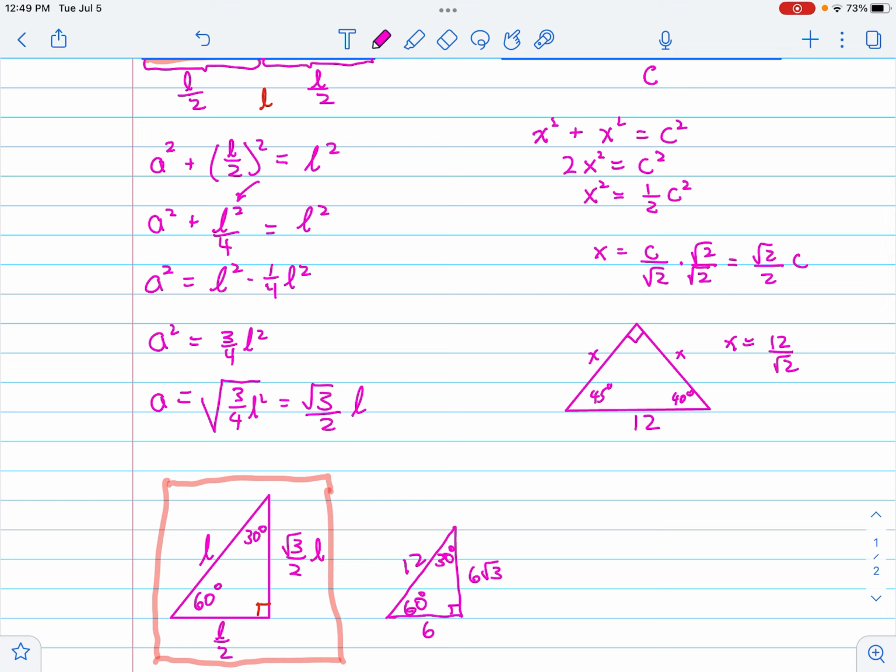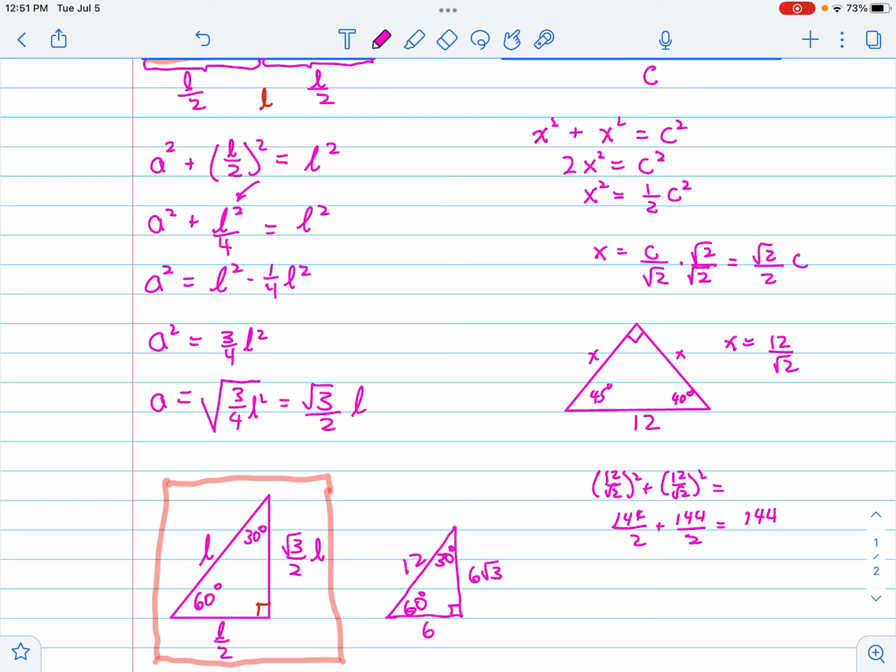Now, we could try it out and see if that works. We've got 12 over the square root of 2 squared plus 12 over the square root of 2 squared, and that needs to equal 12 squared. This is going to be 144 divided by 2 plus 144 divided by 2. That equals 144, right?